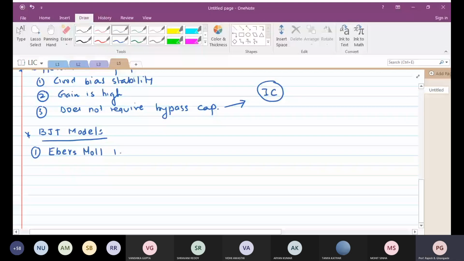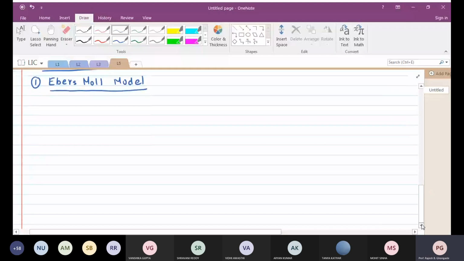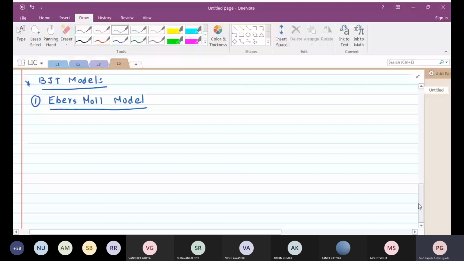This is the simplest model of the BJT. See, remember, we have already seen the hybrid equivalent circuit and all those things. The models we have seen, if you remember, we have used extensive analysis using the h parameters and all that. That was one type of model. Now, this is another model, and if you look at the basic DC model, that is, how the bipolar junction transistor behaves in case of DC signals, we have such a kind of model which you may not have come across.